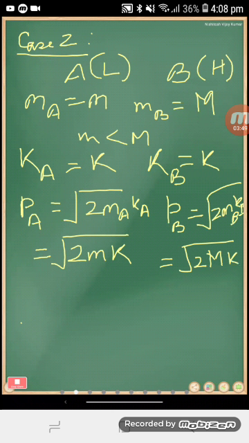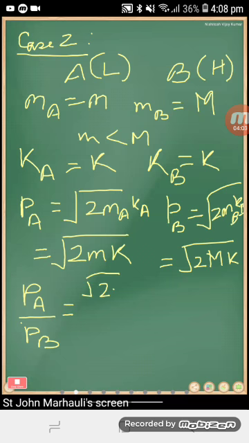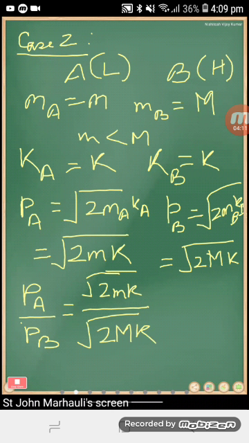So if we find the comparison, or the ratio between PA upon PB, we get under root 2 small m K upon under root 2 capital M into K. If you simplify it, you will get the square root of small m upon capital M. So this is the relation which you will get. Now what does this relation indicate?